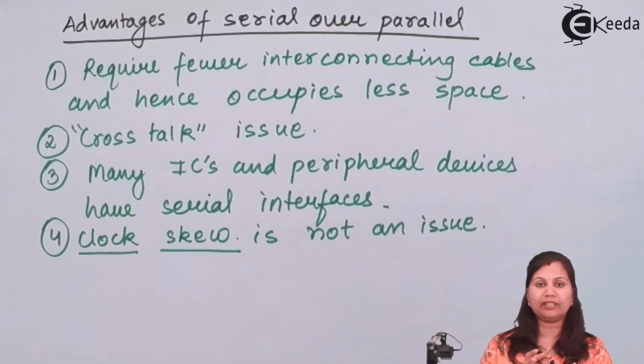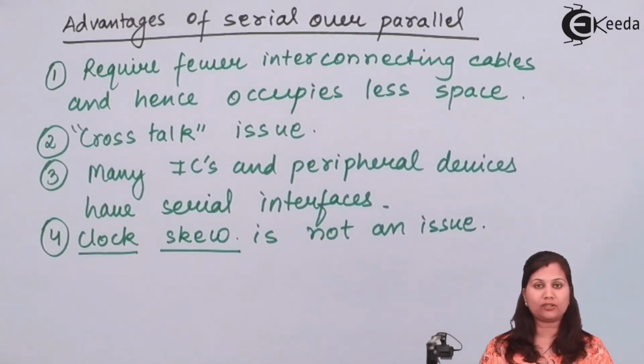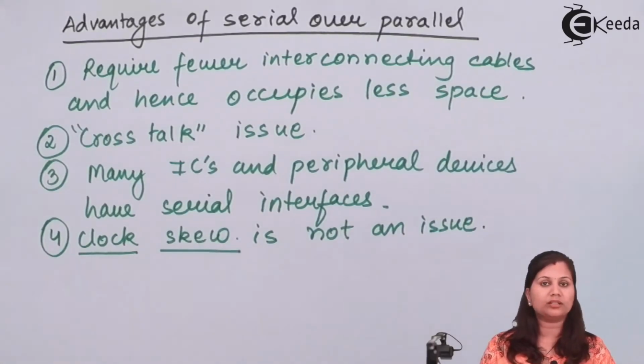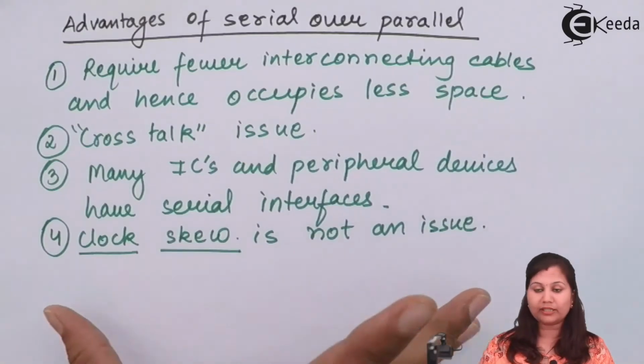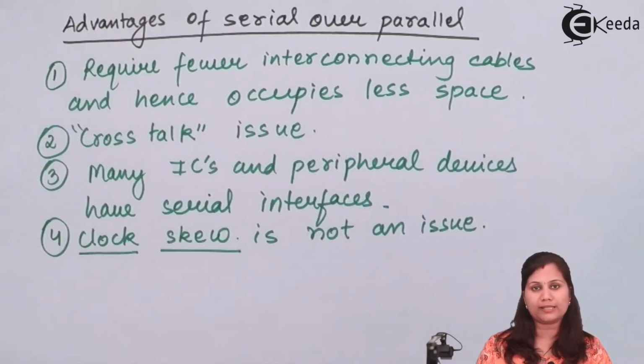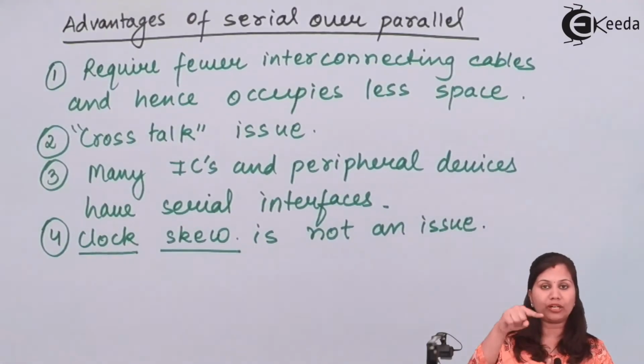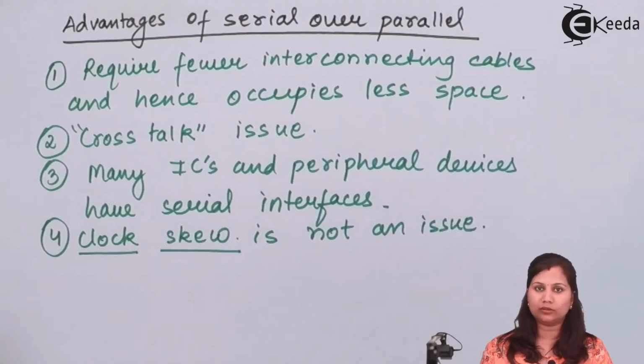Microprocessors also have different components and each component wants the clock signal. When the clock signal does not arrive at the same time at these components, that problem is called clock skew. This problem is not an issue in serial transmission, because a single wire transmits the clock signal, so the clock signal reaches all the components at the same time.